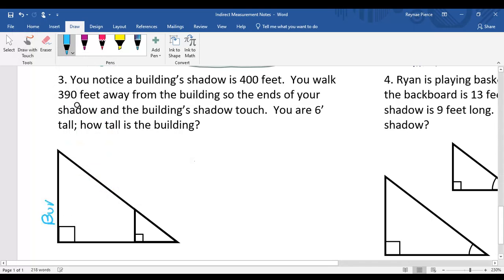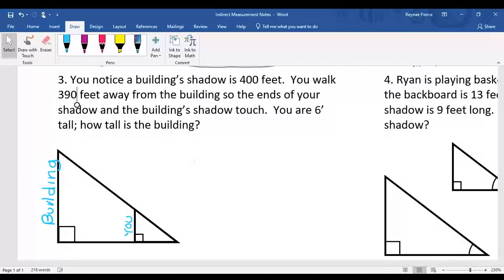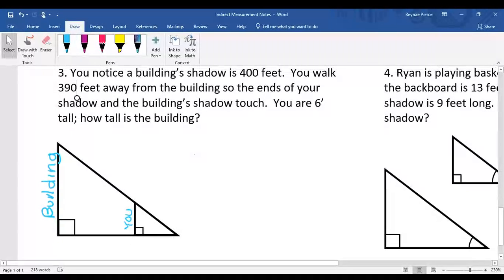The building is going to represent the big triangle, and you are going to represent the small triangle, which logically makes sense. So you notice somehow that a building's shadow is 400 feet long. So from the building to the end of the shadow is 400 feet.